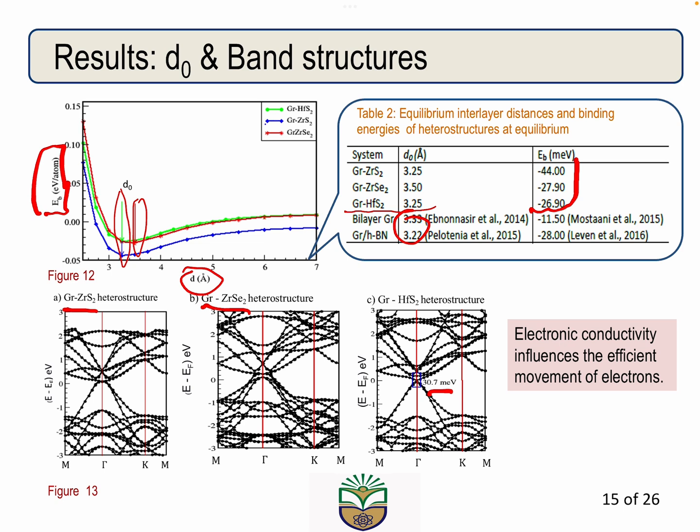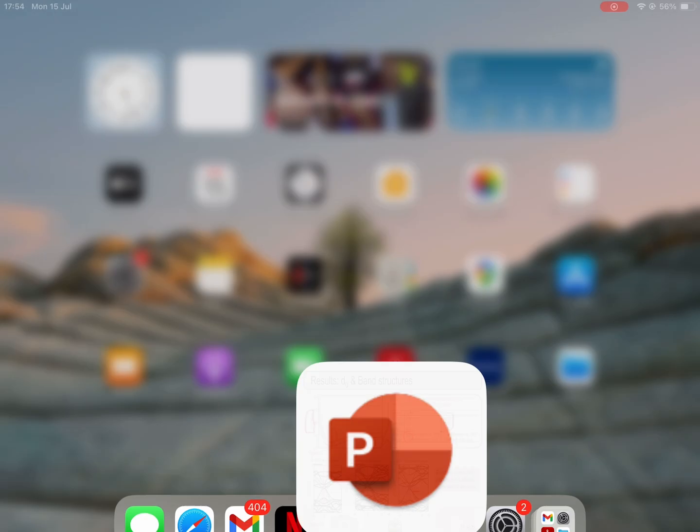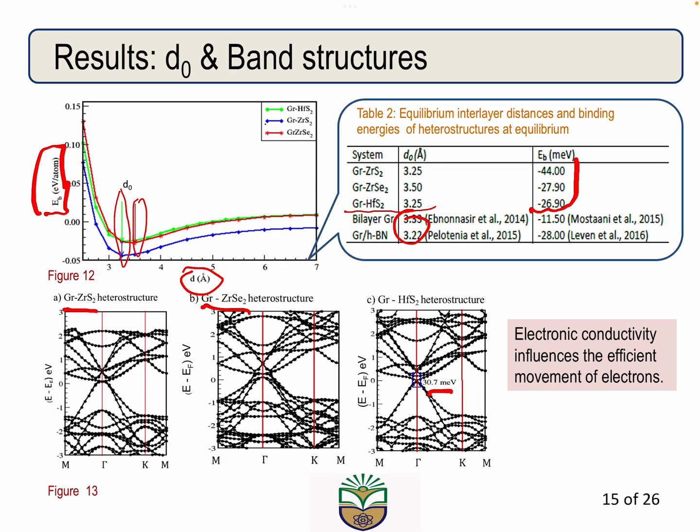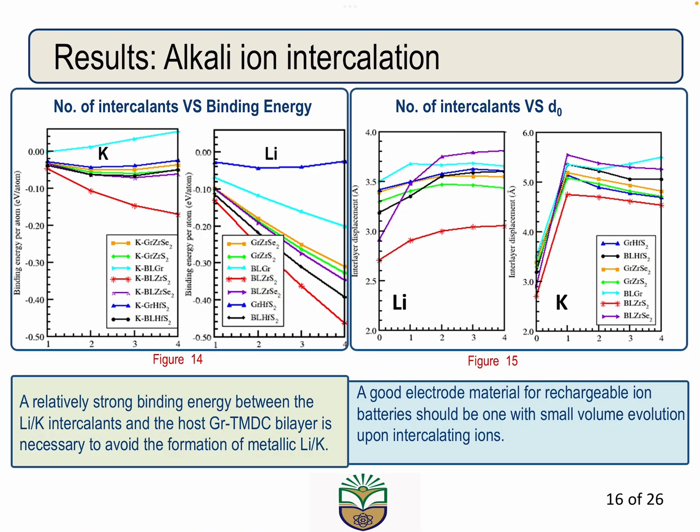And this is a desirable characteristic for alkali ion batteries. Then after that, we needed to determine the ion intercalation in our system and how it was affected by the number of ions that we intercalated.